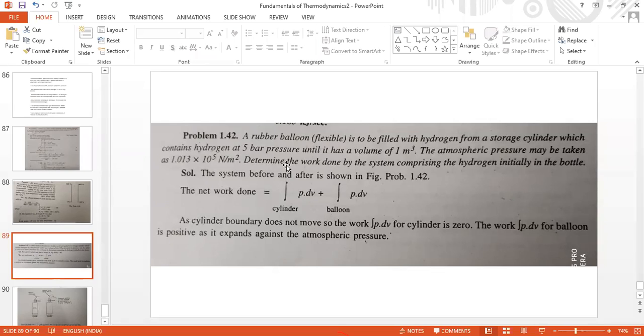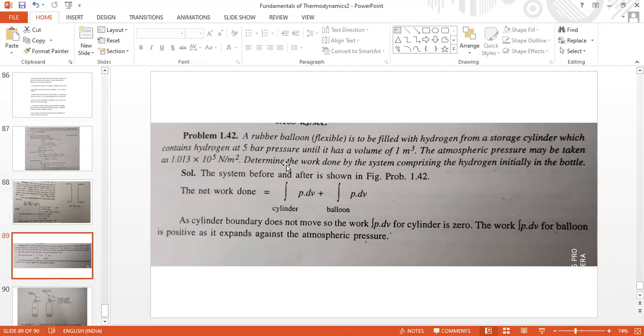We had learned all these things in very preliminary classes, maybe intermediate or before that. But still, at this stage, again, we require all those fundamentals. A storage cylinder is filled with hydrogen at 5 bar pressure.